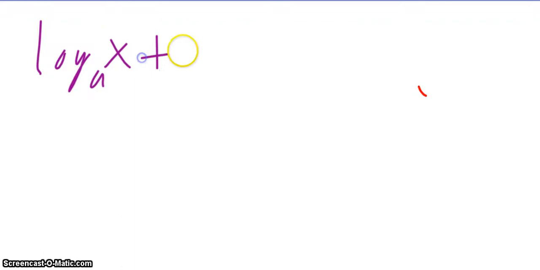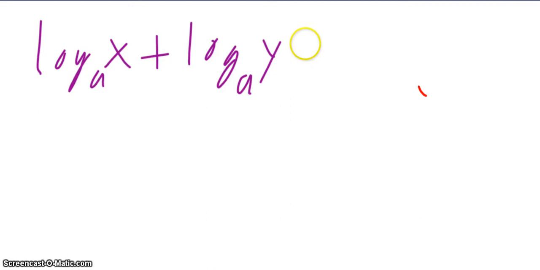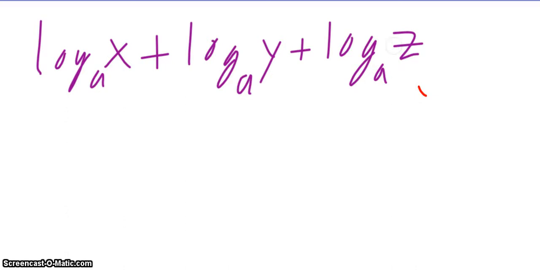The opposite is then true as well. If I start with some log base a of x plus log base a of y plus log base a of z, now I have three separate logs.